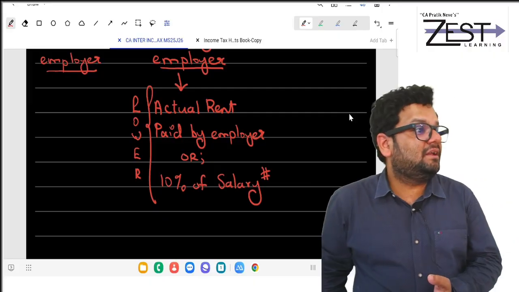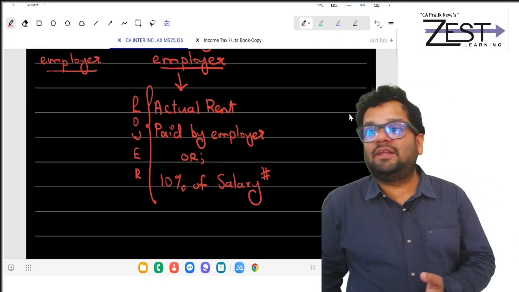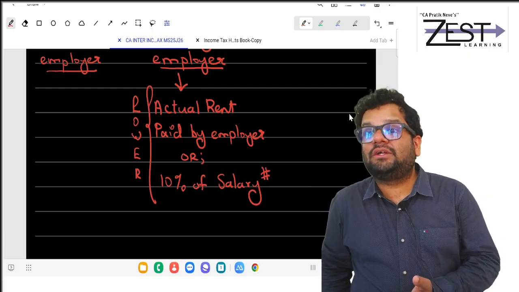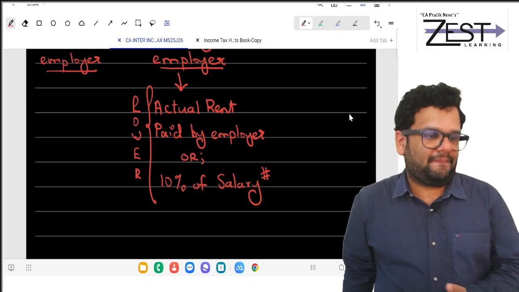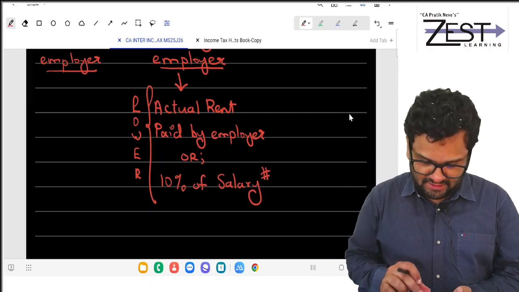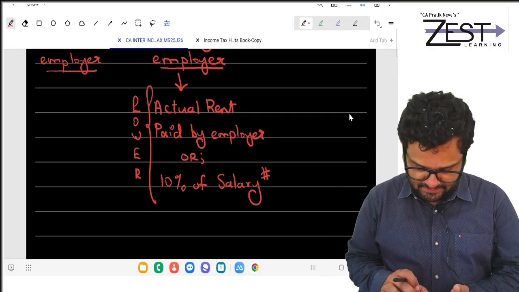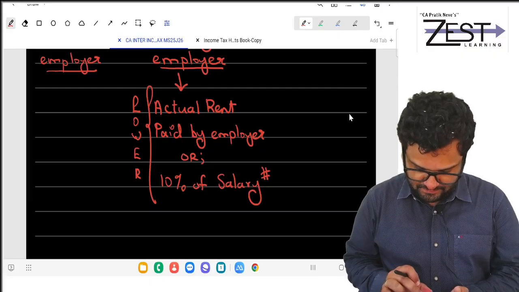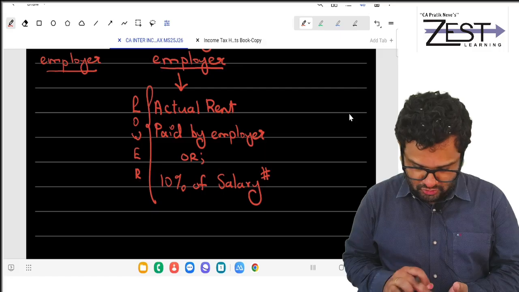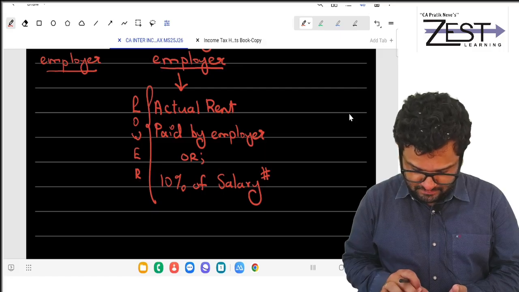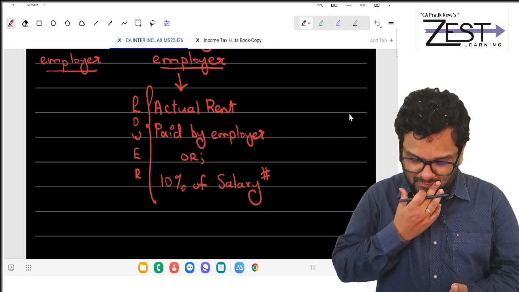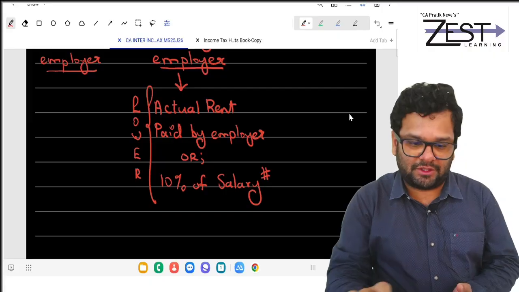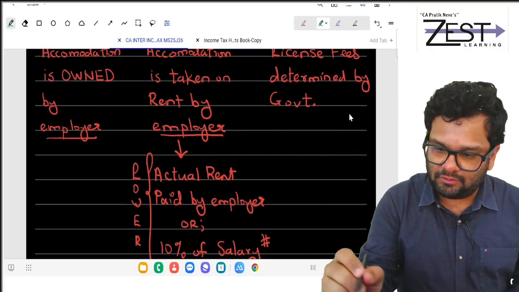But we are kind enough to say that the value will not exceed 10% of what? Salary. What is salary? They will see that. So far so good. May I go ahead? Yes. Now see this point. This is the main point that is remaining.